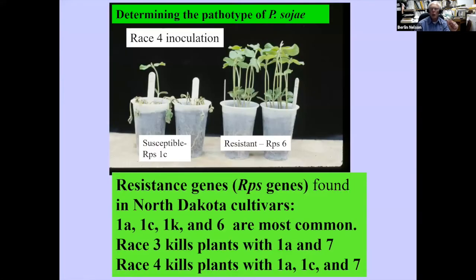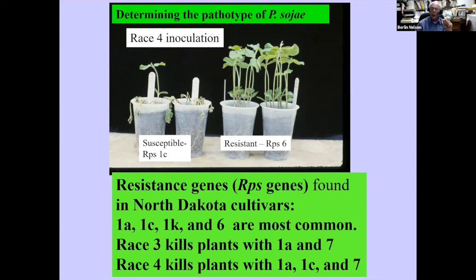Okay, so let me show you what this resistance looks like. When we want to test a plant, we grow the oomycete up in a little dish on some V8 agar medium. It likes its nutrients, I guess it likes vegetables, huh? We grow it for about 7 to 9 days, and then we mash it up and run it through a couple of syringes to get it nicely mashed up.